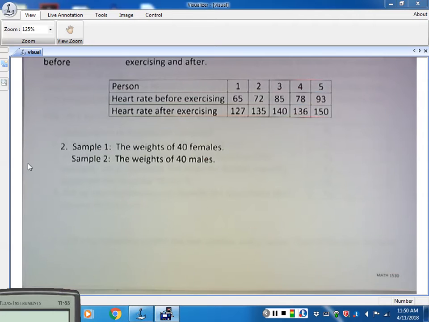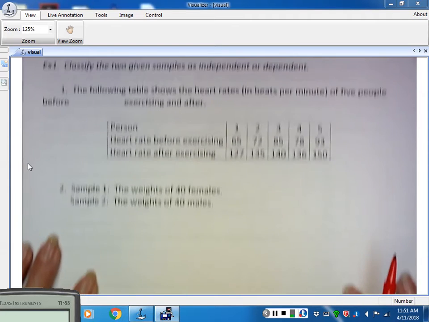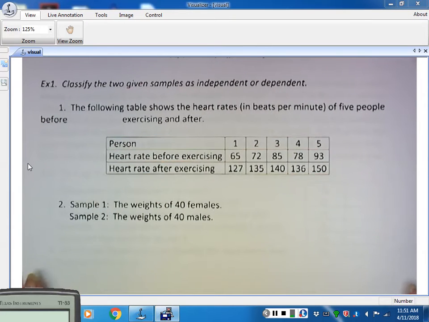So we're going to go through a few examples here. And I think you're going to see with this first set of data, we're talking about whether or not simply, are they independent or are they dependent. That's really all we're questioning here.